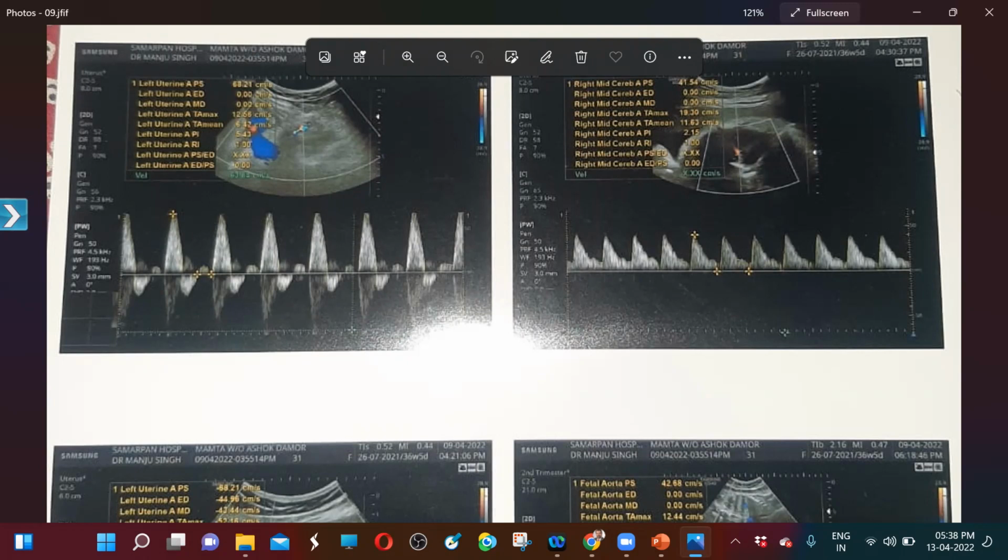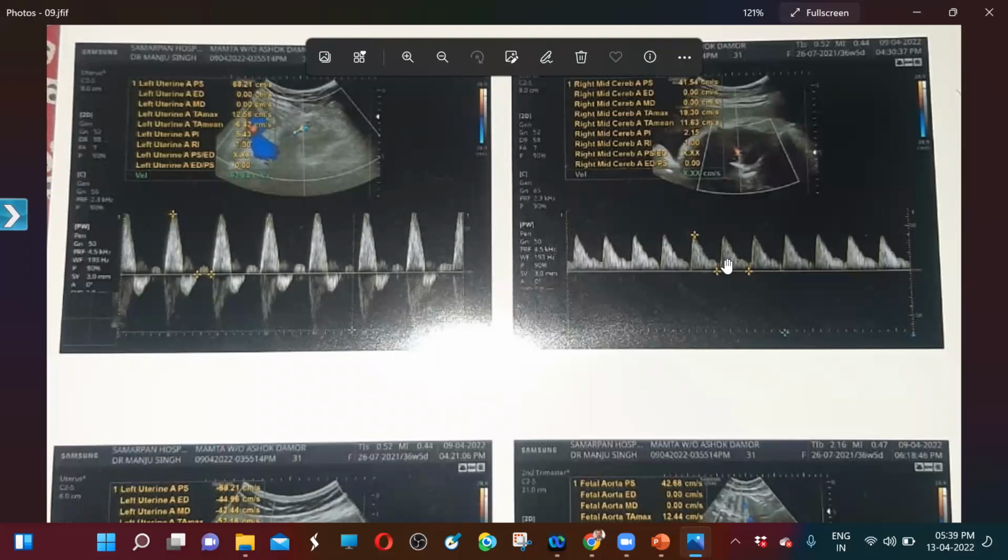Abnormal uterine artery, have a look at the middle cerebral artery. In this middle cerebral artery, I am not seeing any increase in the flow, so I will not say that the brain sparing effect has started. It means that redistribution has not started yet, but it can be a pre-terminal stage. Why? Because maybe this is a drop after the brain sparing effect. For that, I need the fetal aorta, which is missing over here.